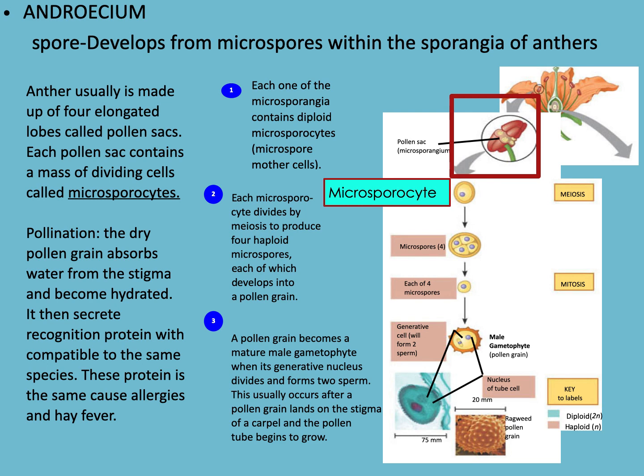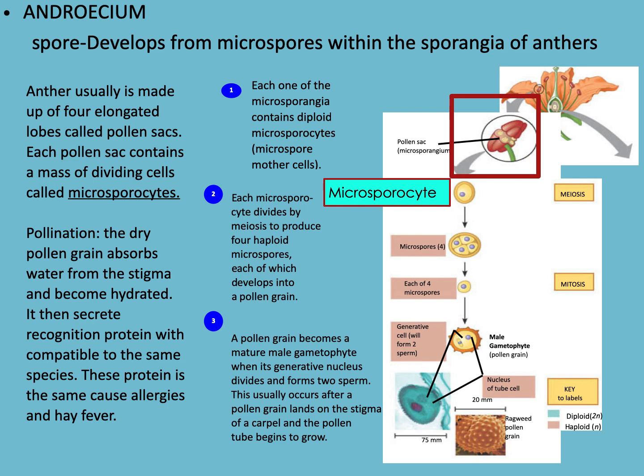The nucleus of each microspore then divides by mitosis to form a two-cell pollen grain, which contains a tube cell and a smaller generative cell. The role of this two-cell haploid male gametophyte is to produce sperm cells for fertilization.